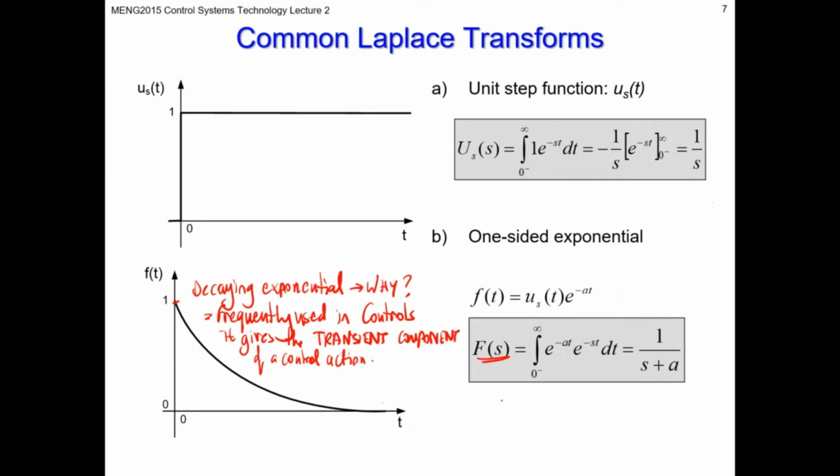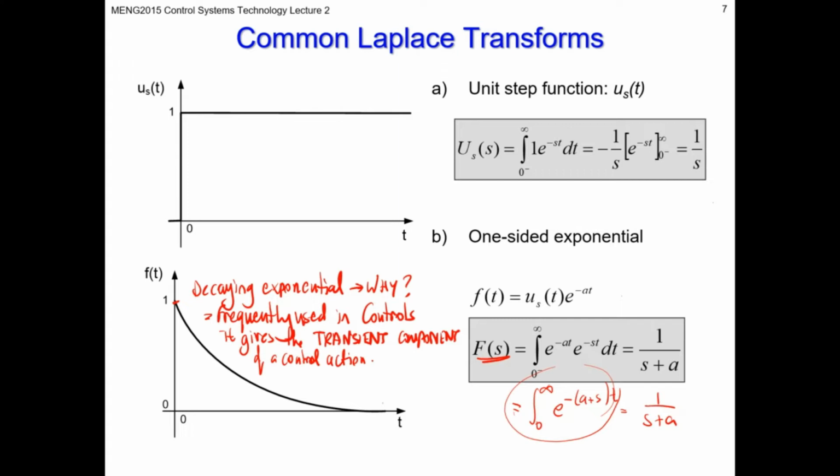Now that equals e to the minus a plus s. When you multiply two exponentials you can add the coefficients. By substitution we could very easily see that this integral is exactly the same as what we did up here, right? But now instead of just s, you've got s plus a, right? So then it comes out as 1 over s plus a as being that integral.